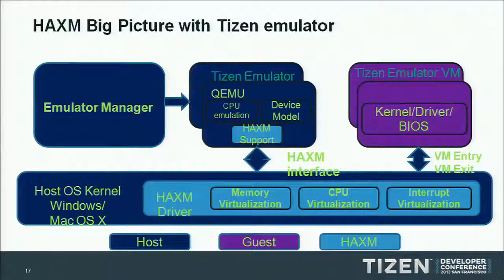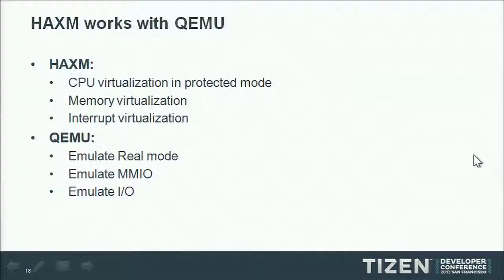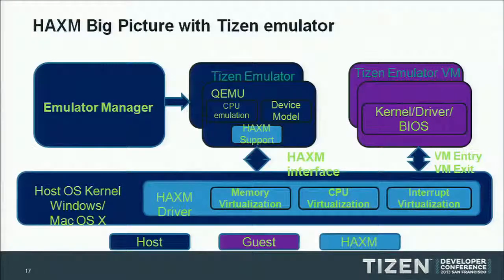Before, we explained that it's the HAXM's responsibility to make the host enter the VMX non-root mode. That is the VM entry here. And when the guest runs privileged instructions, the VM exit happens. In this case, the guest cannot run directly on the OS again.